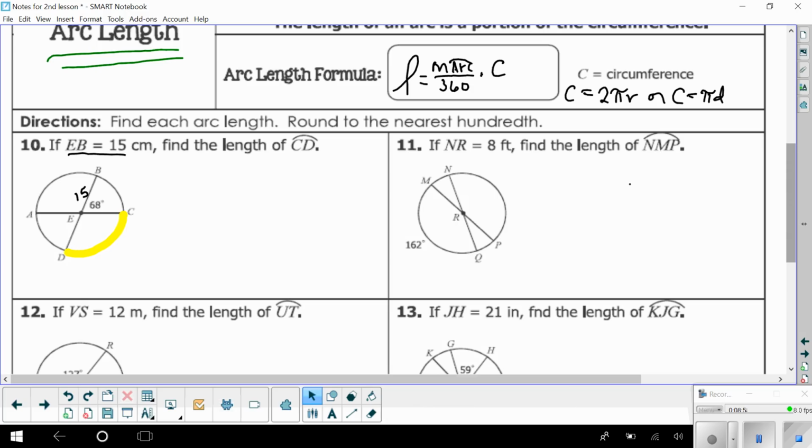Okay. What do we know about all the radii in a circle? All of them are equal, which means that this is 15, that's 15, that's 15.